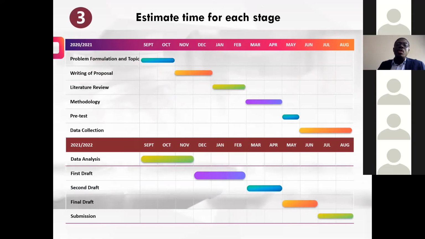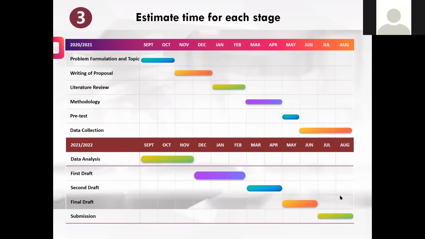Then you estimate the time for each stage. So for instance, this is a Gantt chart. We typically use the Gantt chart to organize the work, break it down into its logical units, and then assign specific time periods within which we are going to accomplish those tasks.